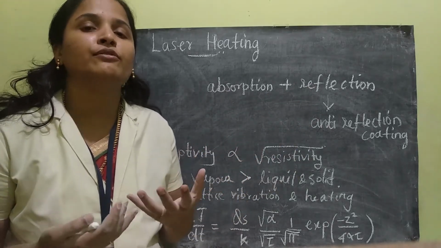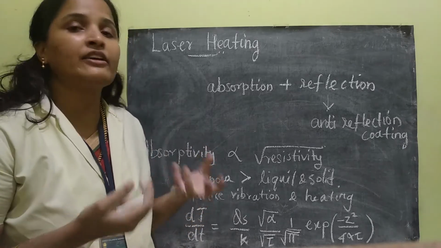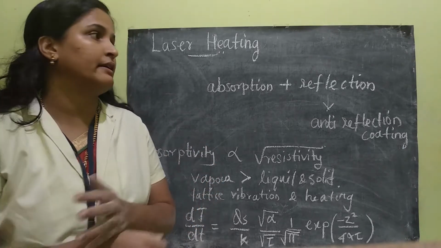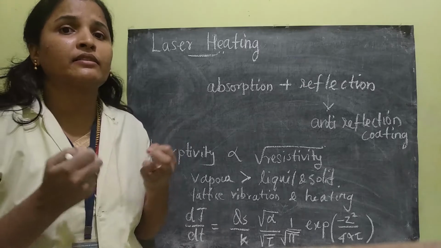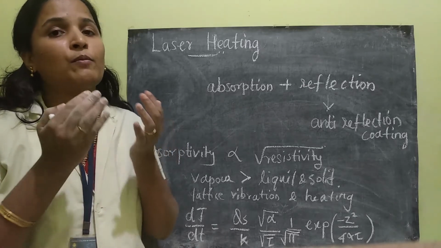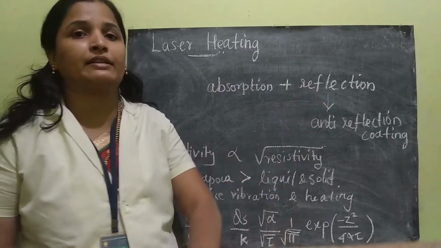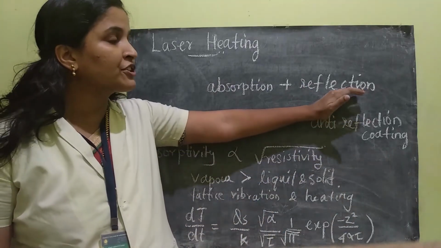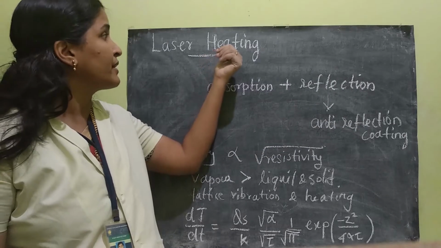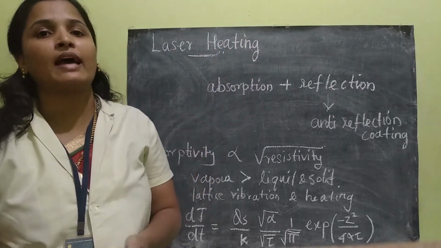If the material is highly reflecting, like glass, almost all the light waves will be reflected. If reflection is high, the heating of the material will not happen.